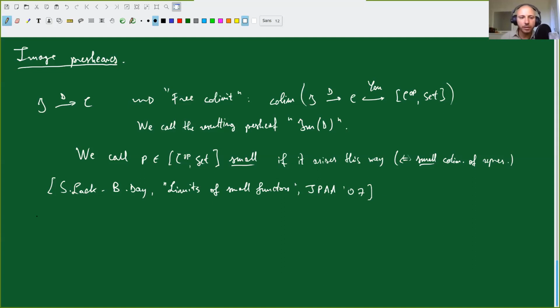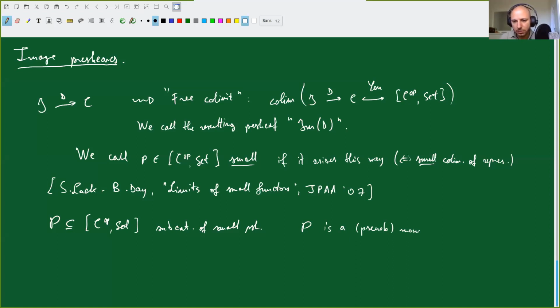So in particular, if you denote by P the full subcategory, sorry, not small, of small presheaves, then P actually is again a monad, I mean, a pseudomonad, which one can view as the free small co-completion.